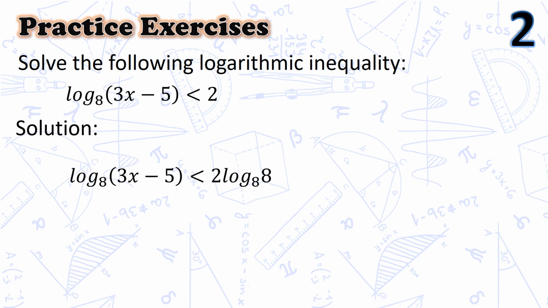We use base 8 because in the left-hand side we have the logarithm under base 8. Therefore, we will have logarithm of 3x minus 5 to the base 8 is less than the logarithm of 8 squared to the base 8 by power rule.